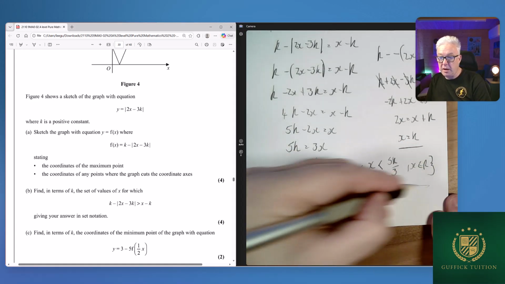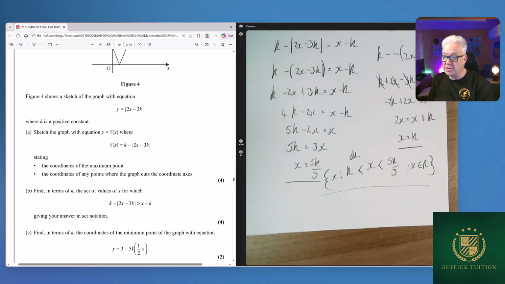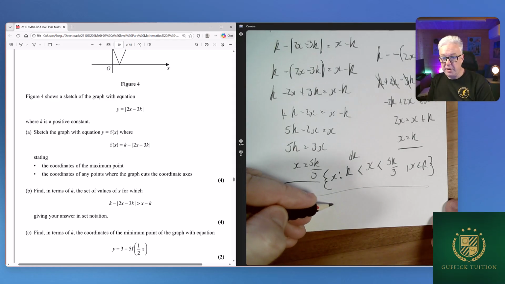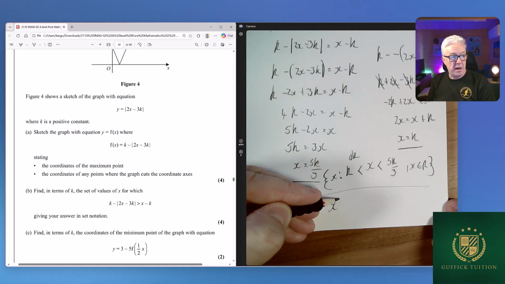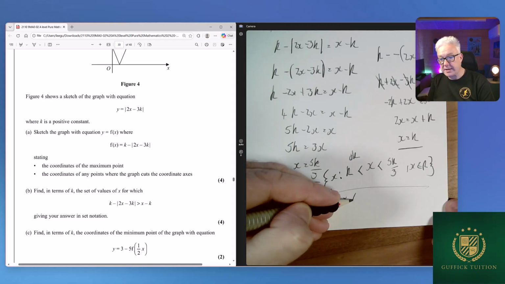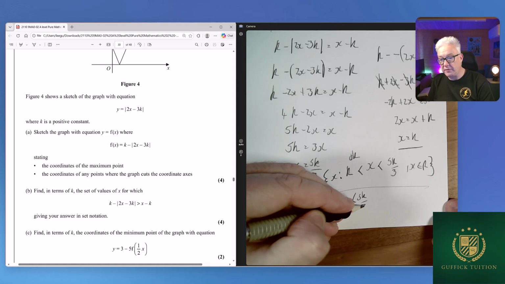That would be acceptable. That's an okay way to write that. Okay, that's one answer that's all right. However, an alternative way of writing this is, we could say that x is a member of the set of x where x is less than 5k over 3.